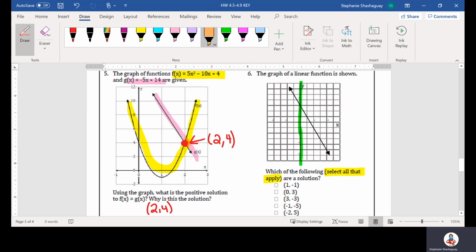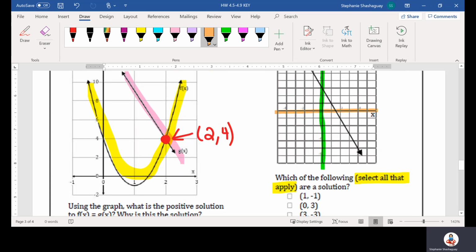My x-axis is this line right here. So which points fall on this line?